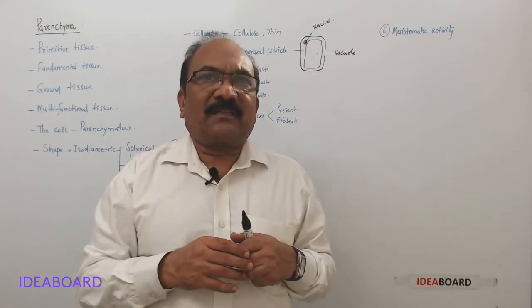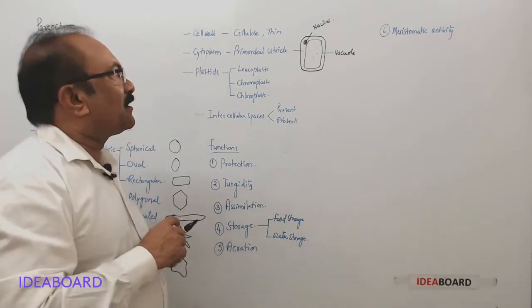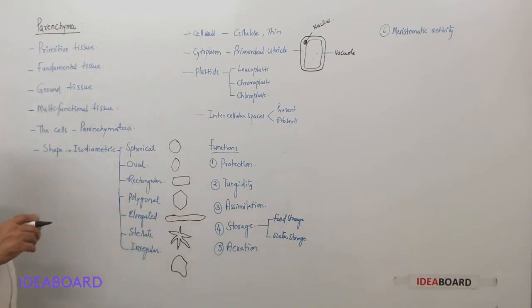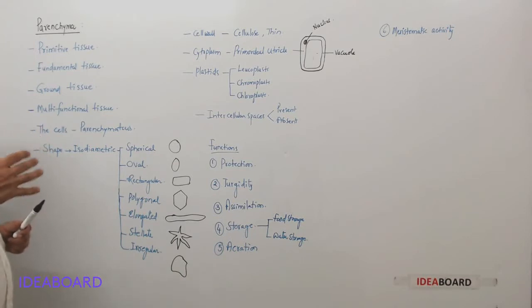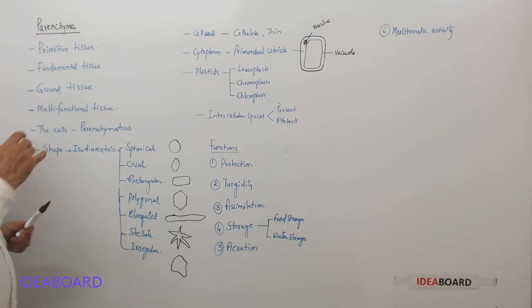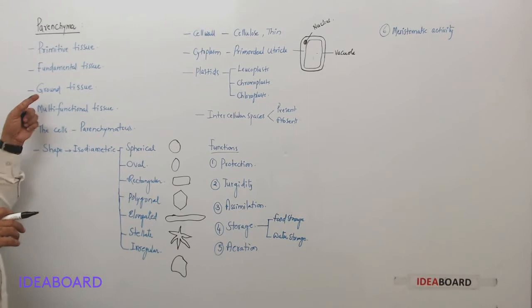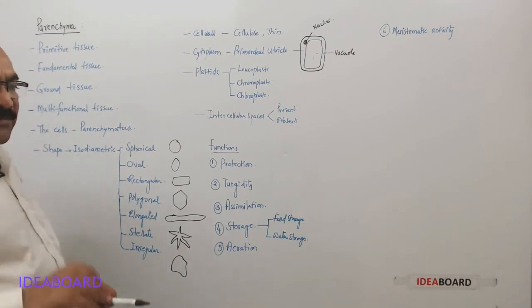I hope you are understanding the point. That's why this is a fundamental tissue. All other tissues have one transitory stage, and the transitional stage is parenchyma. So that's why it is a fundamental tissue, and it is also called ground tissue.